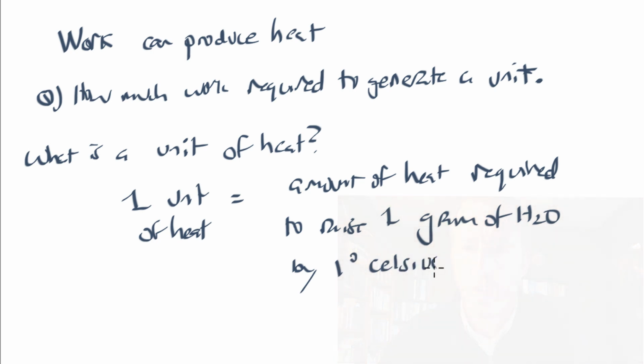So notice that this assumes that we know what the Celsius temperature scale is and we know what 1 gram is. So that's how we will define 1 unit of heat. That's how Joule defines a unit of heat.